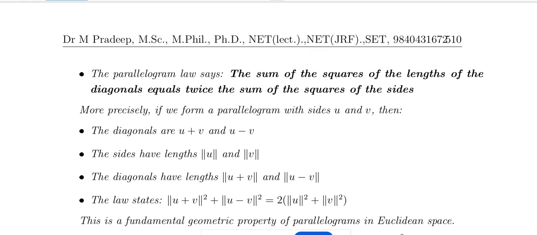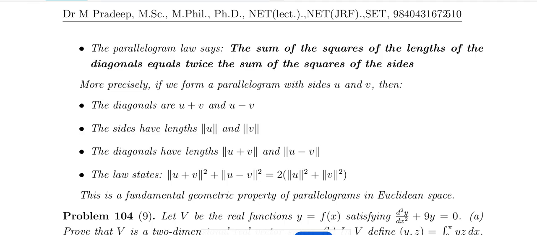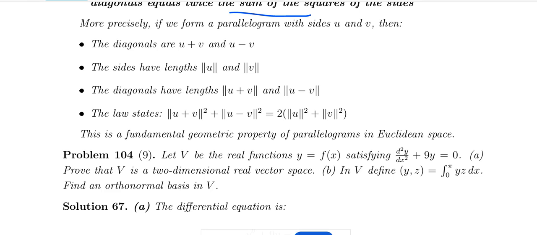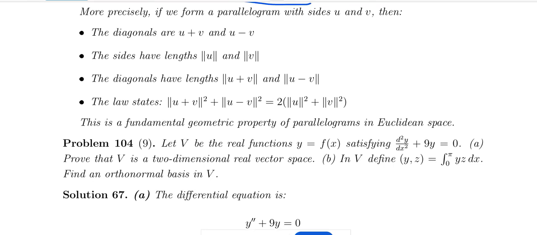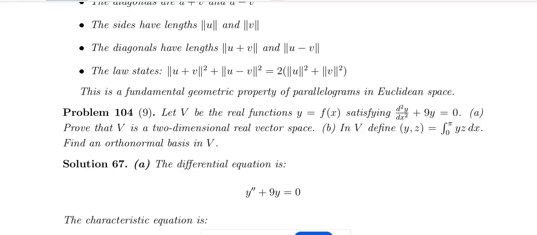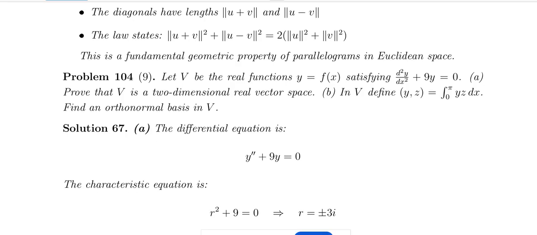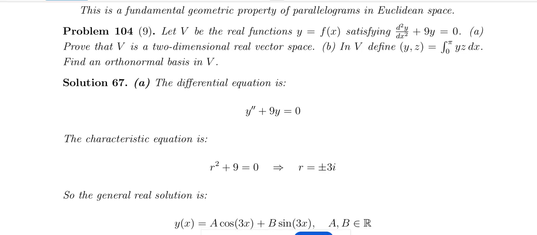The sum of the squares of the lengths of the diagonals is equal to twice the sum of the squares of the sides. The sides have length norm U, norm V, and the diagonals have length something; the law states like that. That is the geometrical meaning.